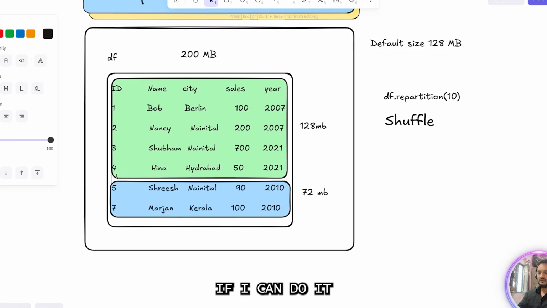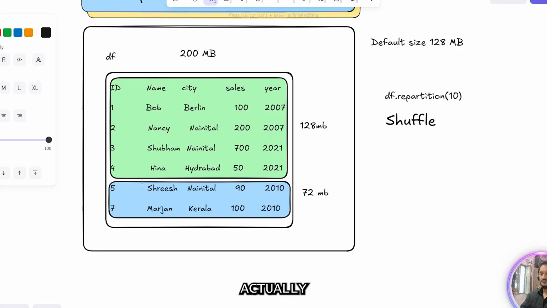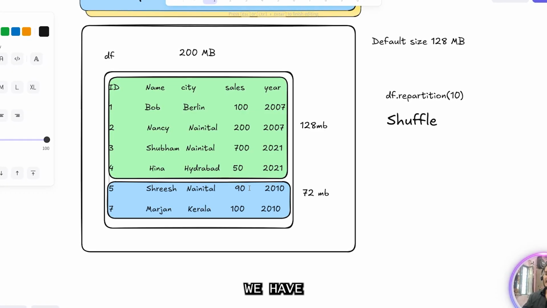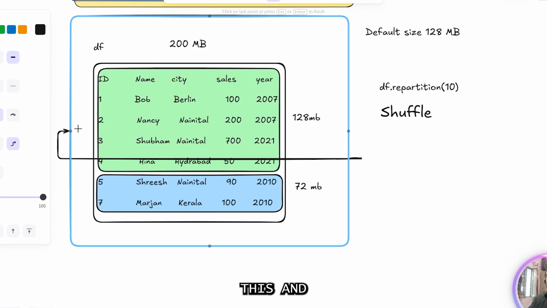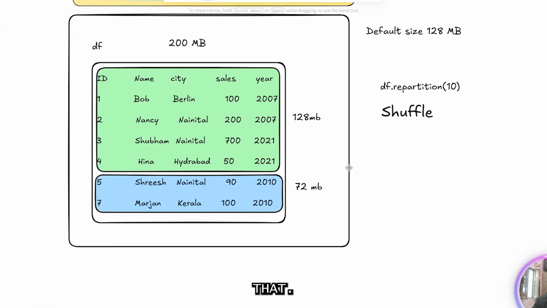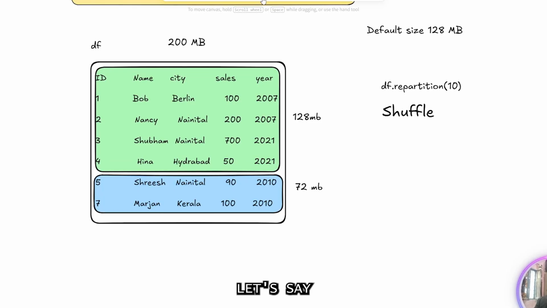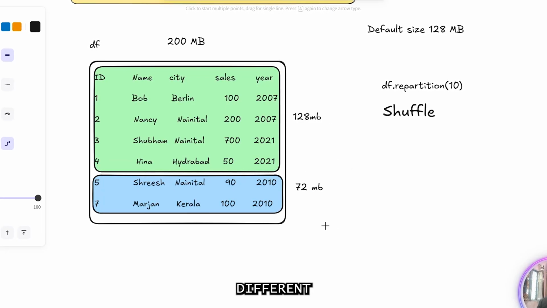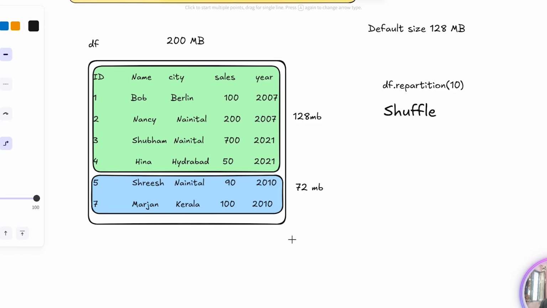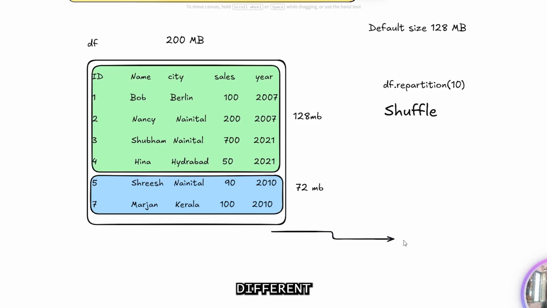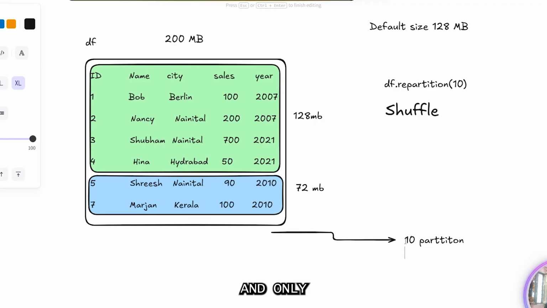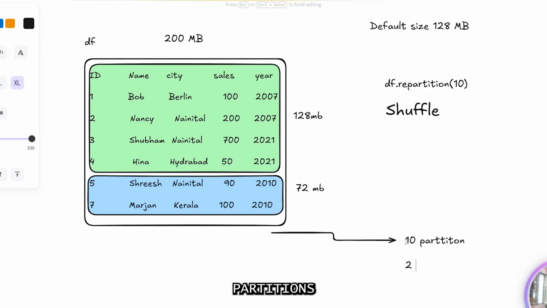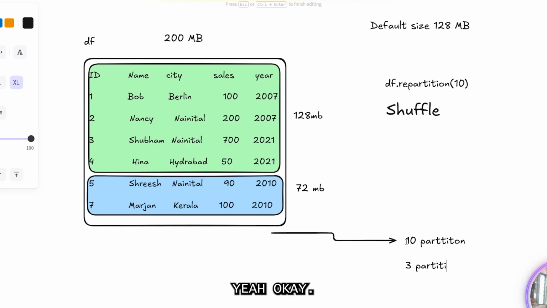Let's suppose from this data frame I have 10 different partitions, and only 3 partitions are filled. The rest, 7, are empty.